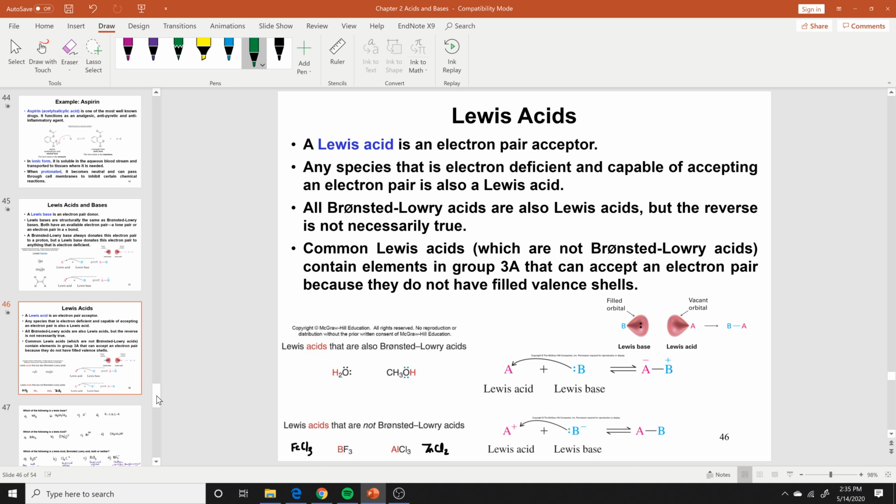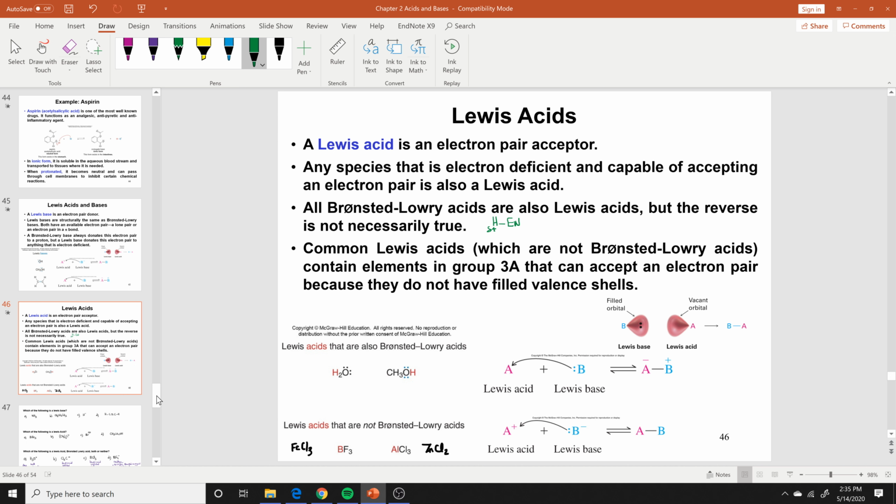With Bronsted-Lowry acids, we looked at the hydrogen, okay? They have to have a hydrogen, and the hydrogen has to be connected to an electronegative element, a partial positive hydrogen. This is the definition for a Bronsted-Lowry acid, where they donate a hydrogen to the base. So the Bronsted-Lowry base takes the hydrogen from the Bronsted-Lowry acid.